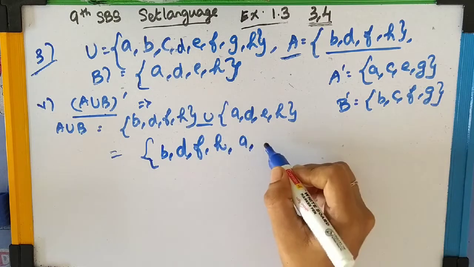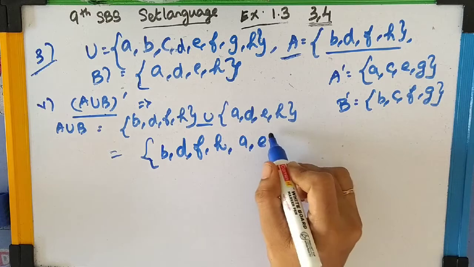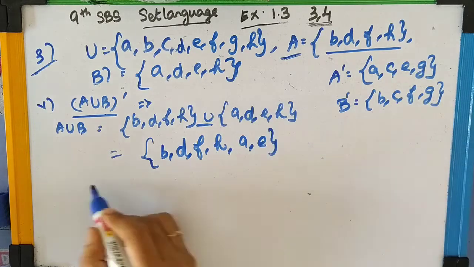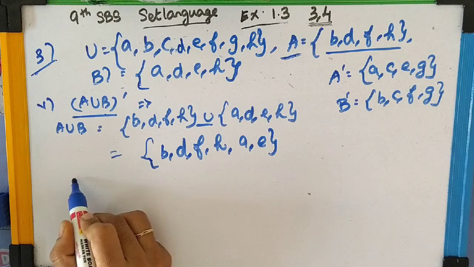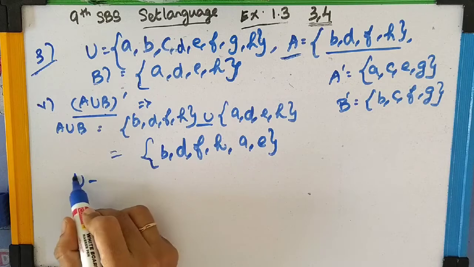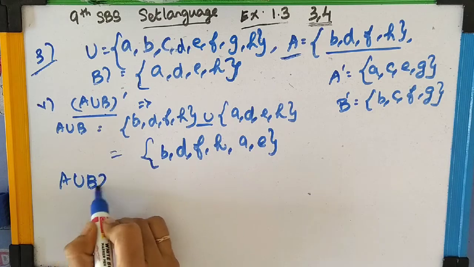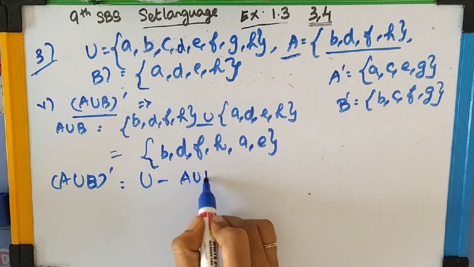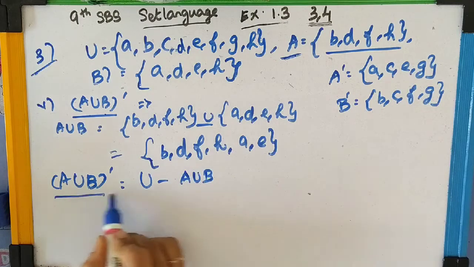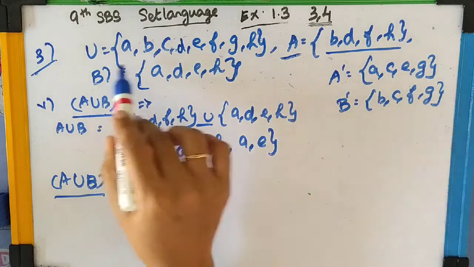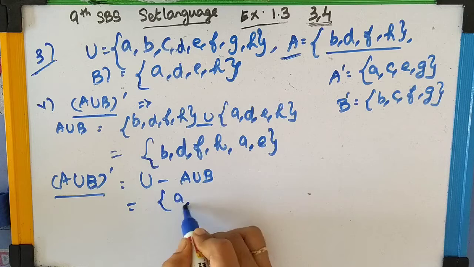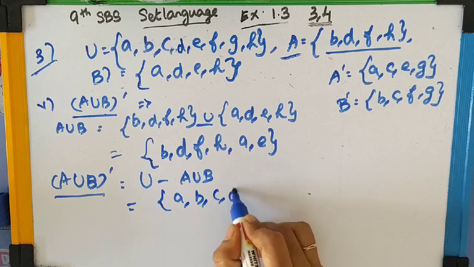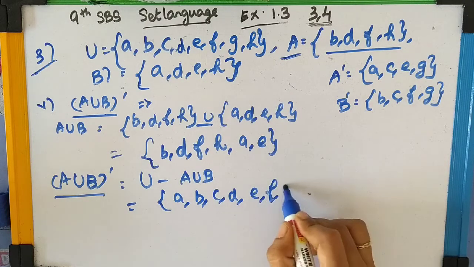So B, D, F, H, A. D is common, H is common, so I have written E. Now, what is A union B the whole dash? That is except A union B, so universal set minus A union B. Now, what is the universal set? A, B, C, D, E, F, G, H.